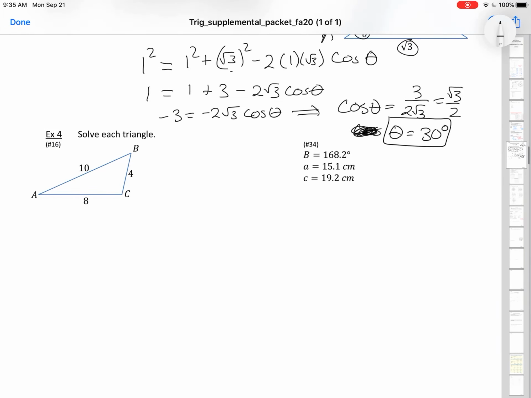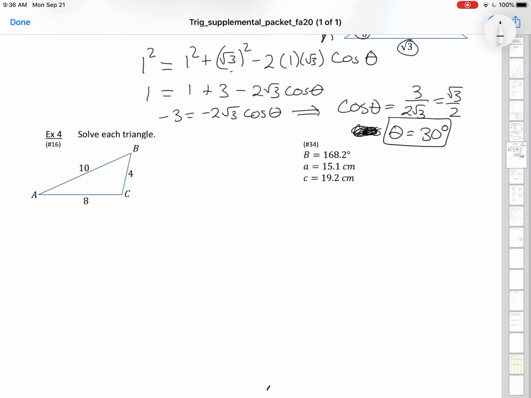So you're going to have some like in the last one where we have to solve the triangle. This is a side, side, side example. And so when we have side, side, side, looking here at example number 4, what we want to do is make sure we solve for the biggest side first. So I'm going to make sure that we get the angle opposite that guy. So what are we going to do?